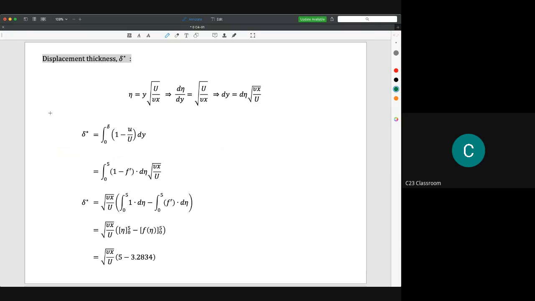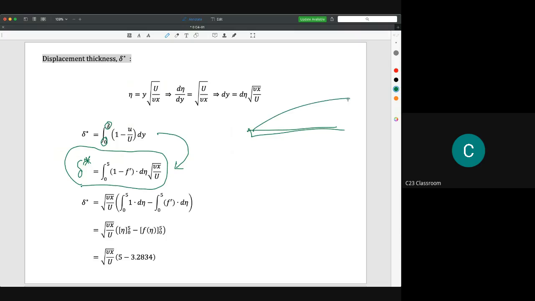So now the delta star equation, from the integral of 1 minus u over U dy, is changed into this one. And then we need to integrate this term with limits from 0 to 5. In terms of dy, the limit is 0 to delta, because the boundary layer occurs from y equal to 0 to y equal to delta.